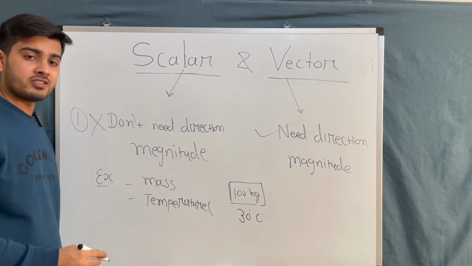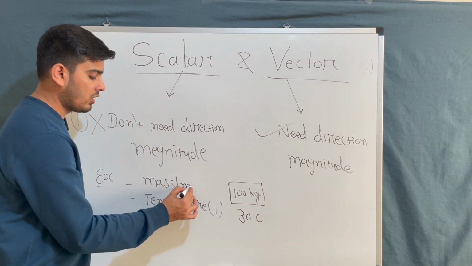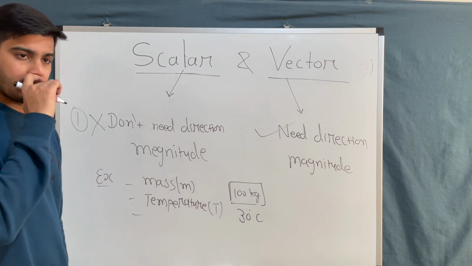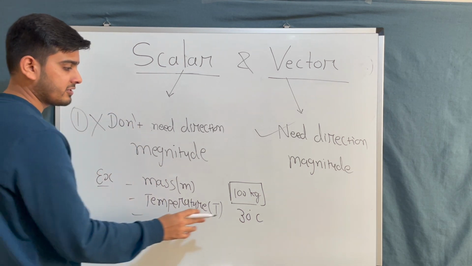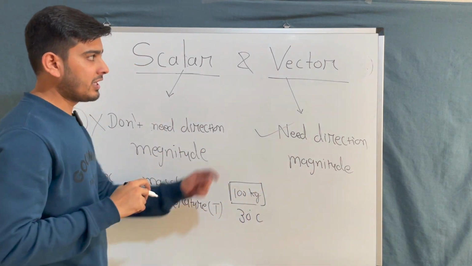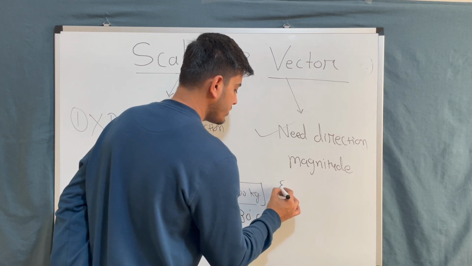What is the symbol of temperature? Capital T. The symbol of mass is small m. Anything else? Distance. I'll tell you distance and displacement together. Let me take an example of a vector quantity. For example, force.